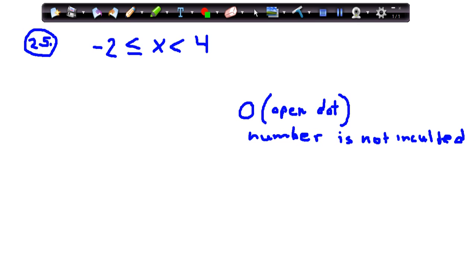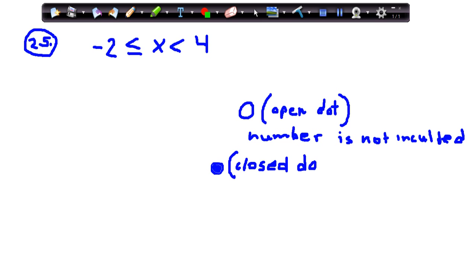Okay, so now the closed dot. When you see this on the number line, let's close it in. See? The closed dot means what?